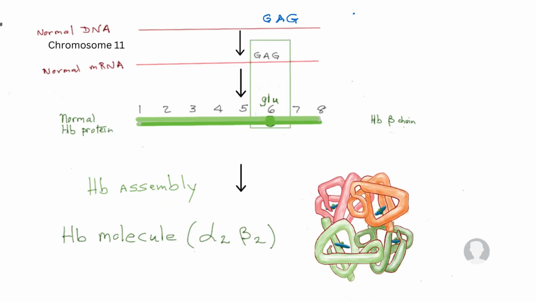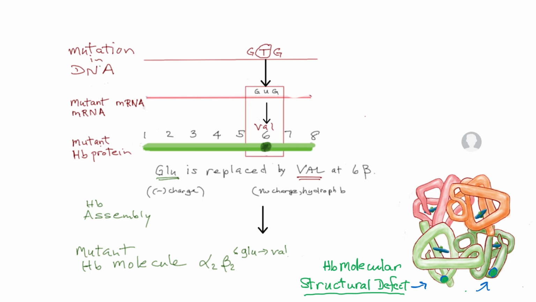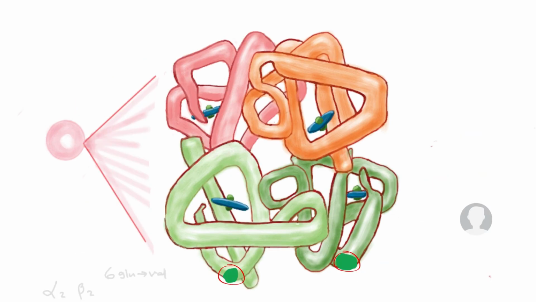What is the molecular basis of sickle cell anemia? Normally, DNA is transcribed to messenger RNA, which is translated to a hemoglobin protein chain. A point mutation in chromosome 11 is transcribed to mutant messenger RNA, which is translated to hemoglobin S protein, where the amino acid glutamic acid is substituted by valine.